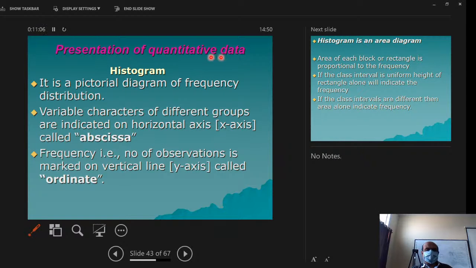The presentation of quantitative data is a pictorial diagram of frequency distribution. Characteristics of different groups are indicated on the horizontal axis, the x-axis, called the abscissa. The frequency, that is the number of observations, is marked on the vertical axis, called the ordinate.